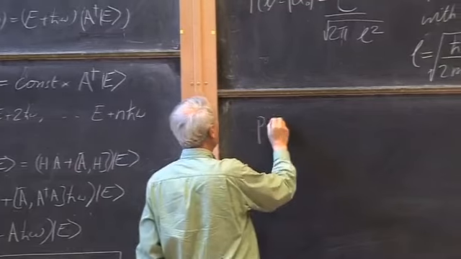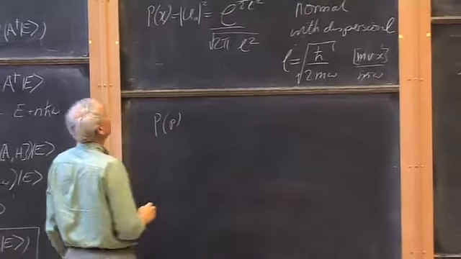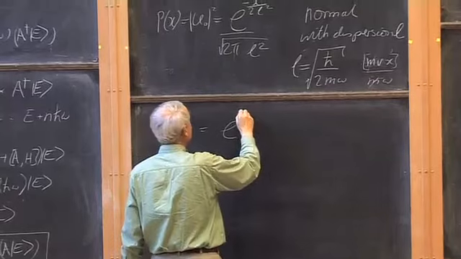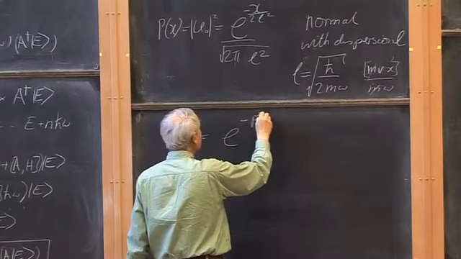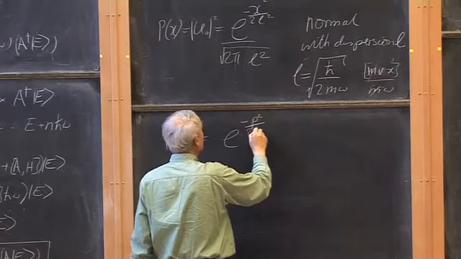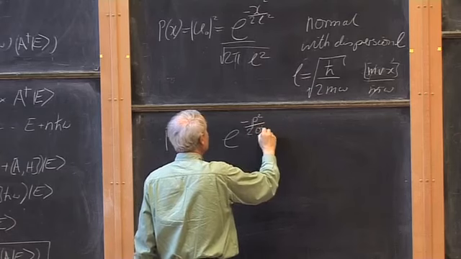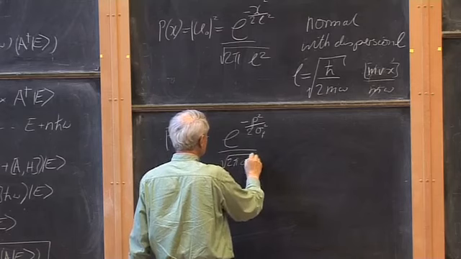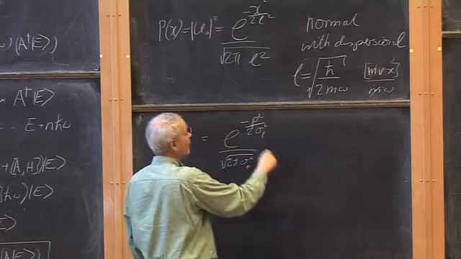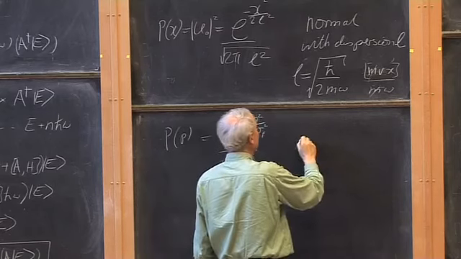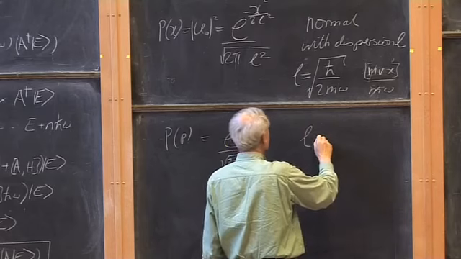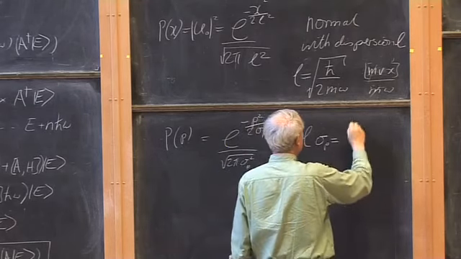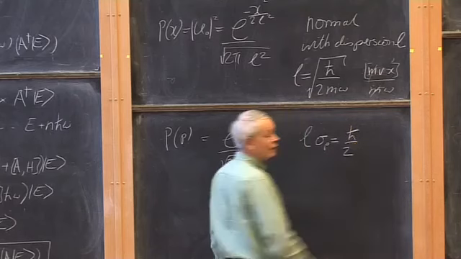From what we did before, the probability of the momentum will also be a Gaussian. It'll be e to the minus p squared over 2 sigma p squared, over root 2 pi sigma p squared. And remember, we had the uncertainty principle, which said that the dispersion in x times the dispersion in momentum is equal to h bar over 2 for Gaussians.